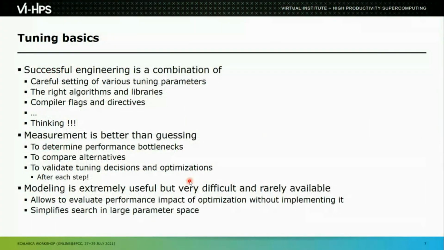So successful parallel application performance engineering is a combination of different things where you have to tune different parameters, bring things together in terms of using the right algorithms and libraries. There's a lot of things that may happen automatically, but they won't necessarily be optimal or necessarily efficient.